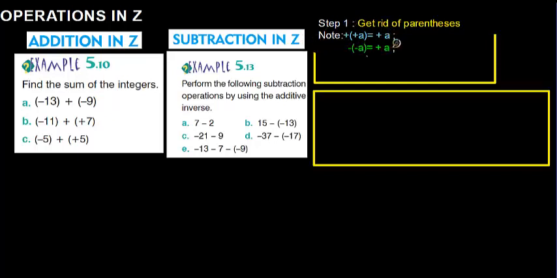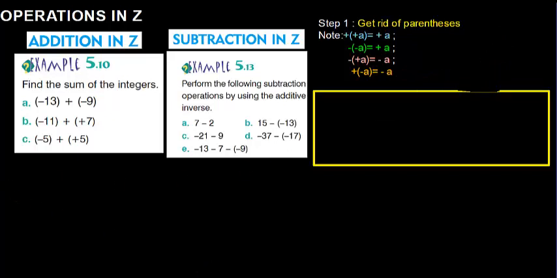Plus and minus, and minus and plus, it's going to be minus. Minus and minus it's going to be plus. When we change their places, the result is the same for us. So for the parentheses we are going to do this.